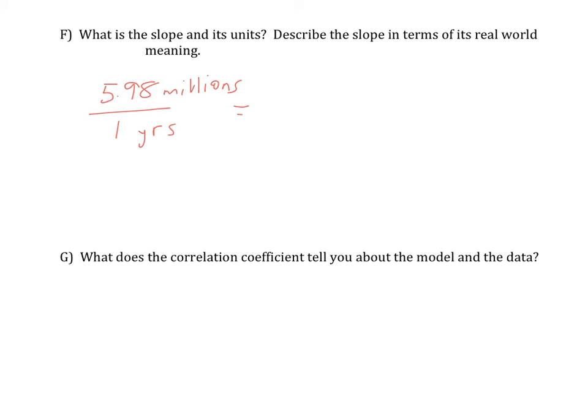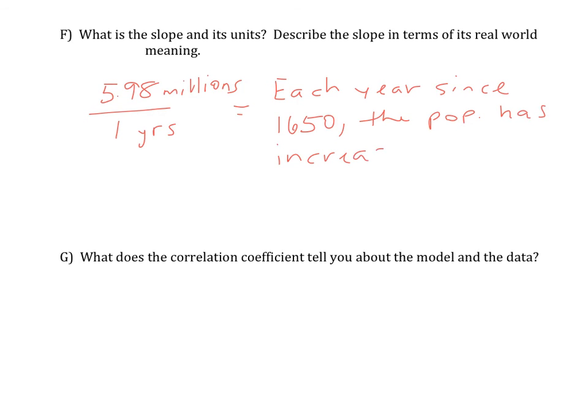So how can we interpret this? Well, what this is saying is that each year since 1650, the population has increased by 5.98 million people each year.